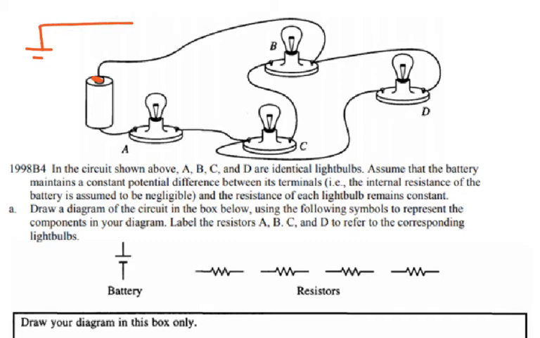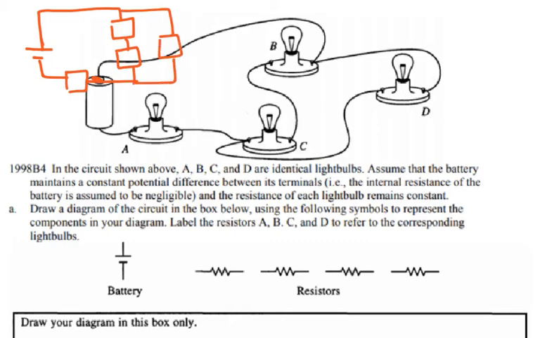Then I have resistor A, and then I have resistor B, and then I have C and D. Looks like B and C are connected together, so you're going to have B, C, and then D, right?